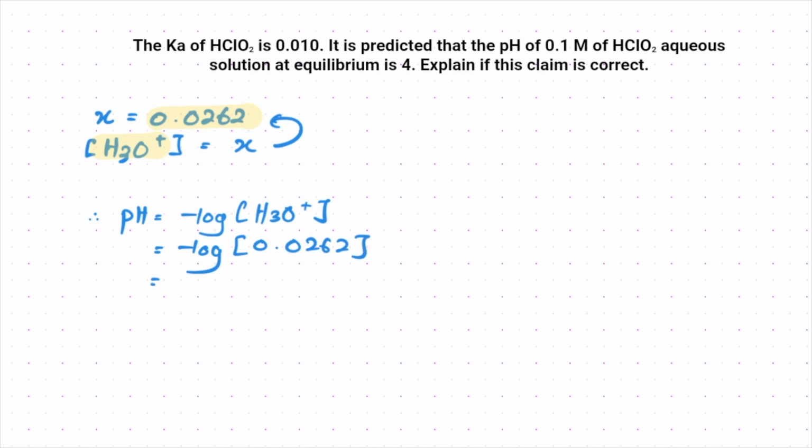Therefore, you should get your pH is equivalent to 1.5817. So this is your pH. In the question, it predicted that the pH is equivalent to 4, but supposedly the answer is 1.5817. Therefore, the claim is incorrect.